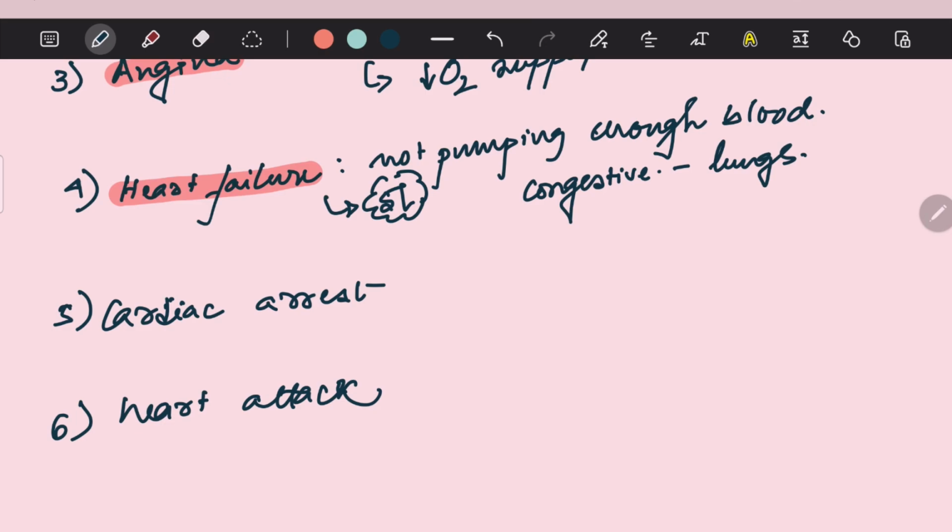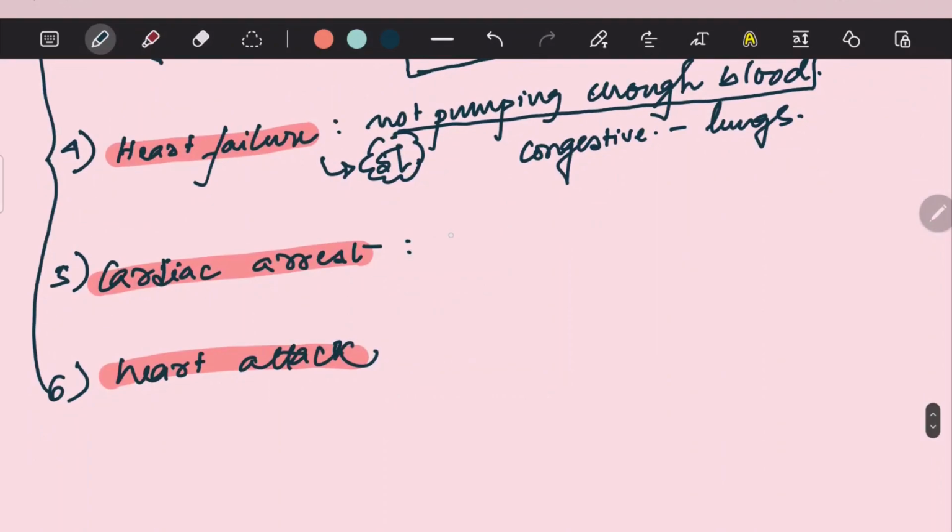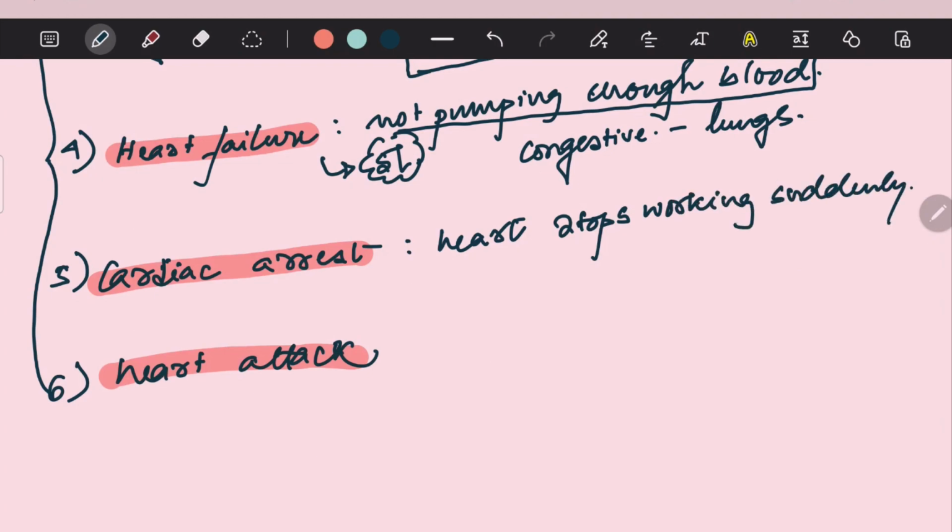Now, there are two different terms known as cardiac arrest and heart attack. I want to bring all your focus to this point because we need to have clarification about these four things. Angina is decreased oxygen supply to the heart. Heart failure is the failure of the heart to pump the blood effectively. Cardiac arrest is when the heart stops working suddenly, that is, it is not pumping anymore.